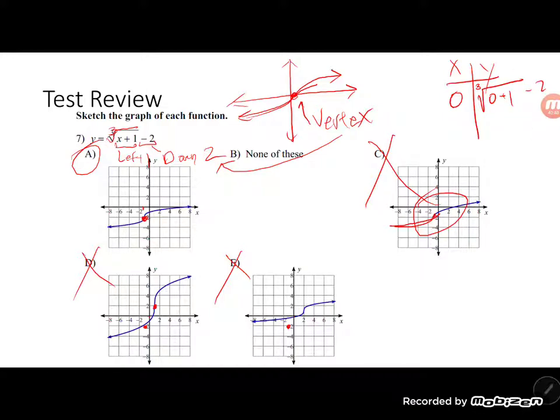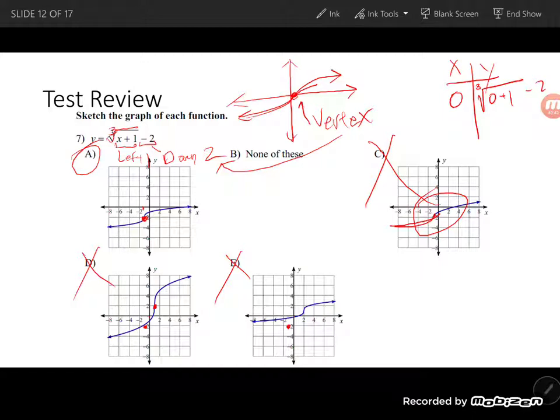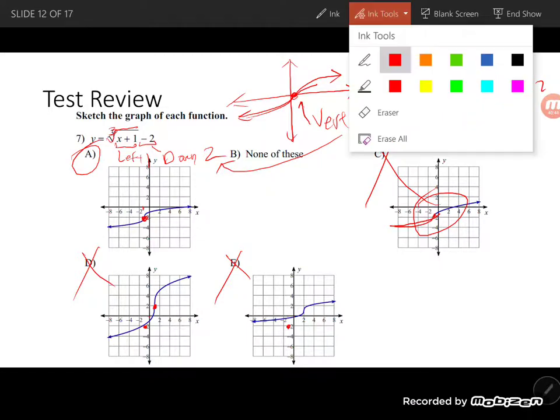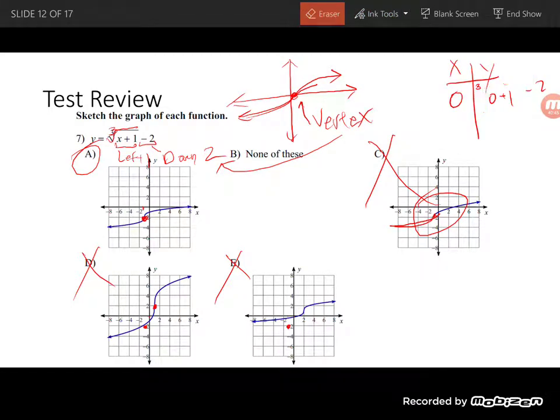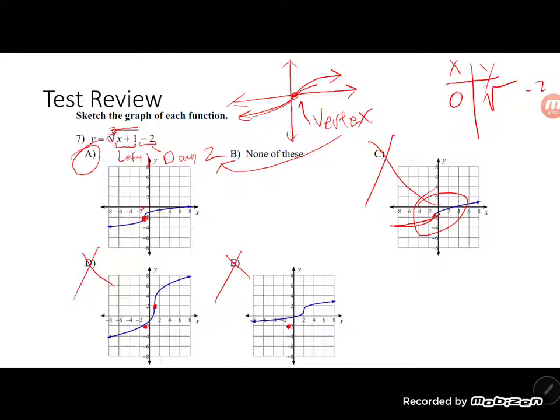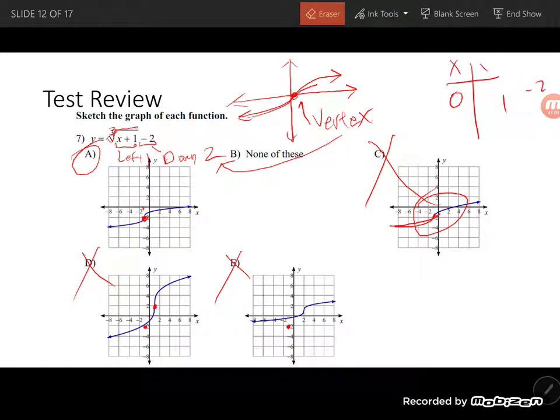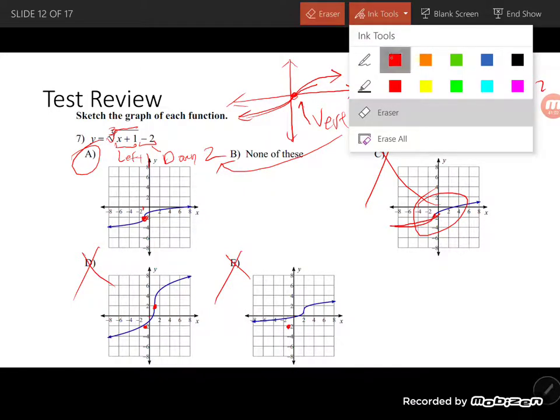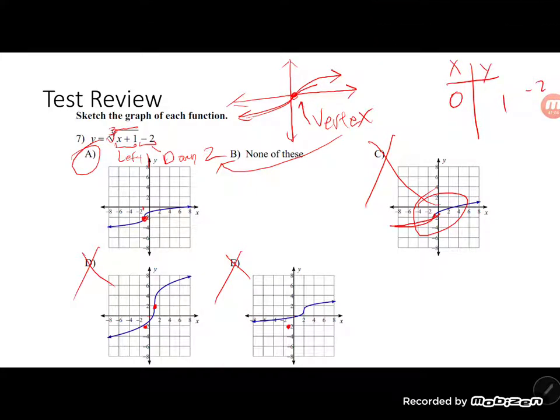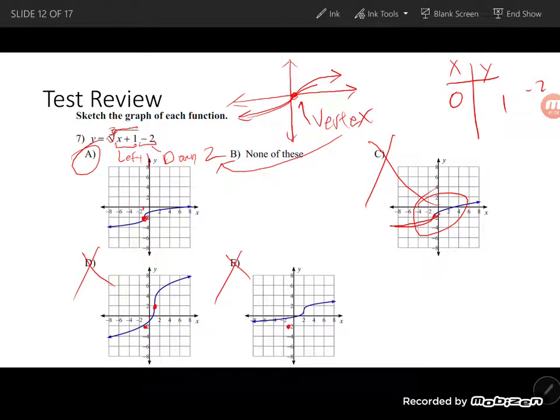The cube root of 1 is just 1. So I could think of that as being just 1. And then 1 minus 2, well, that would be a negative 1.